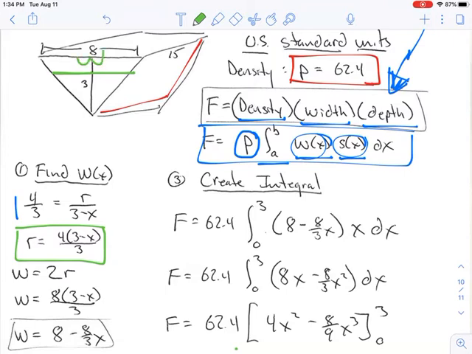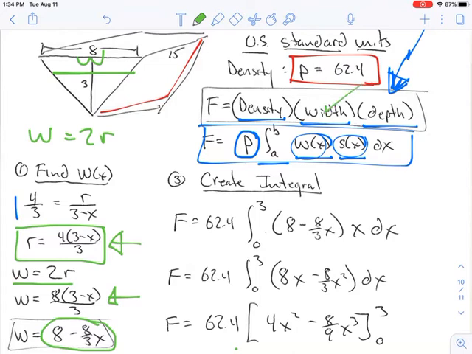That's the width. So w is 2 times the radius. All right, so that's why I wrote that here. And so here's my radius. I multiply that by 2, and I get this. So I'm just multiplying the 4 by 2 to get 8 times (3 minus x) over 3. Solving that for w, simplifying it, we get 8 minus 8/3 x. So there is my width function.